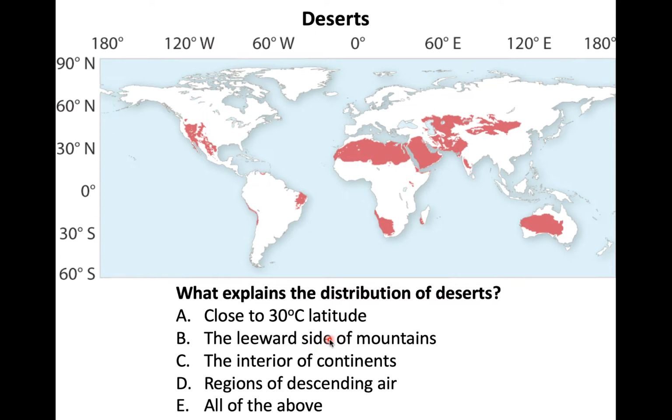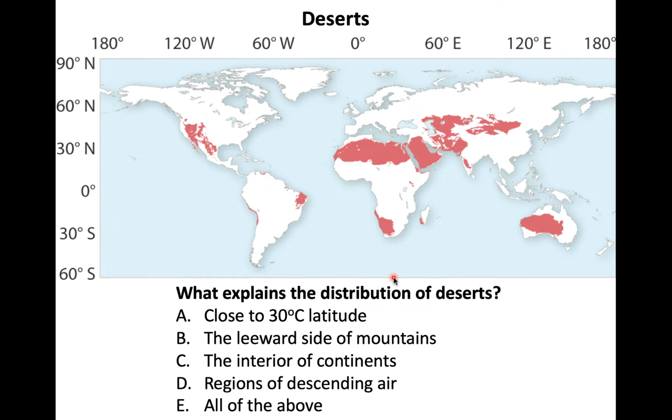Are they there because they're in the interior of continents and very far from the ocean, and they're just dry because they're very far from the ocean? Is it because they're in regions of descending air? So air that is dry and coming down and then actually taking moisture away from the land? Is that why you find deserts in these locations? Or is it all of the above?